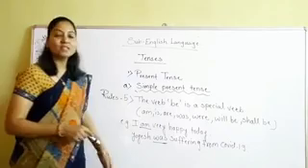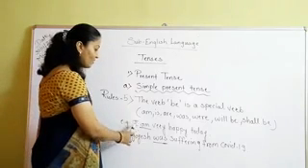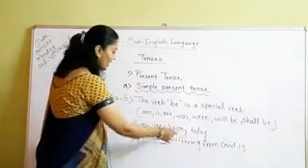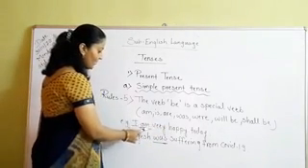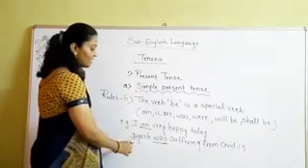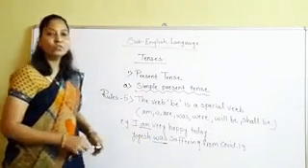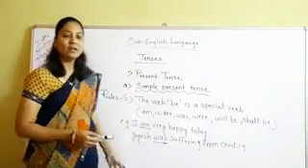They are also known as helping verbs. I have given you two examples: in "I am very happy today" I have used "am," and in "Yogesh was suffering from COVID-19" I have used "was." Both are verbs of to be, and both are also known as helping verbs.